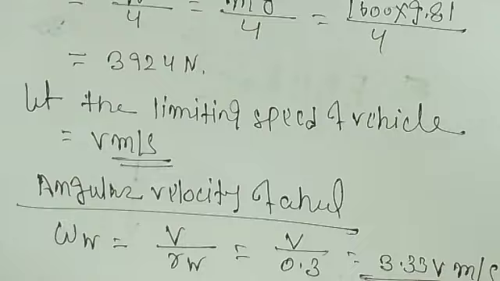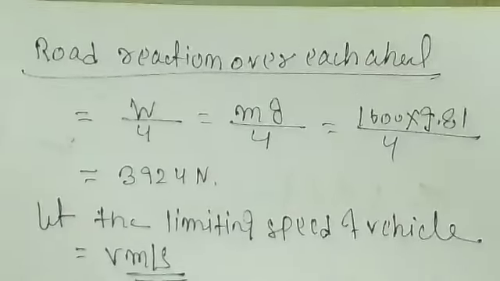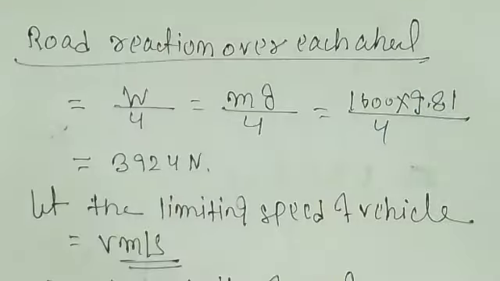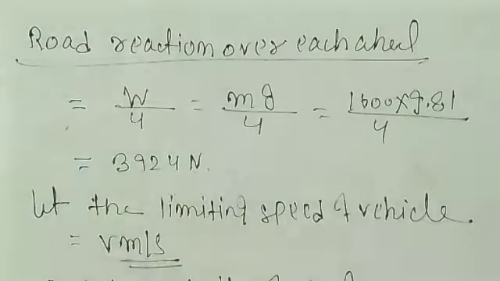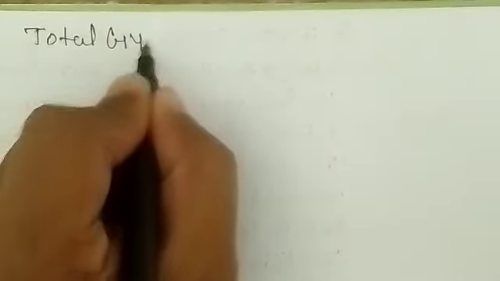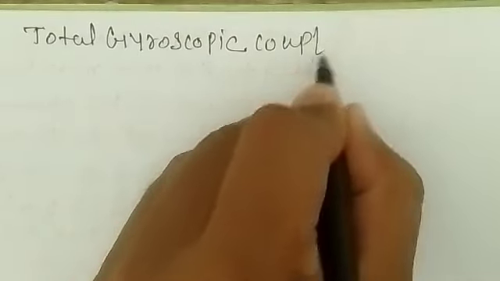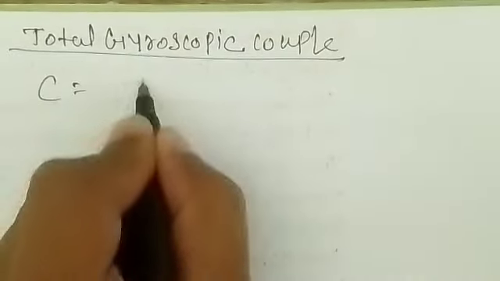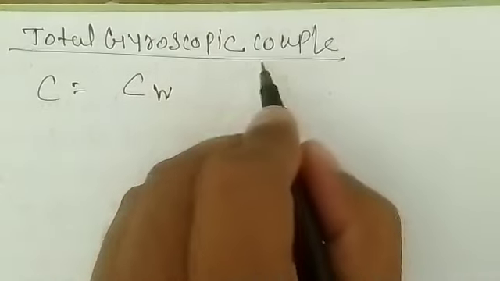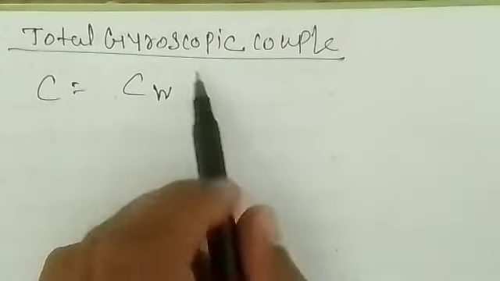Now we need to find out the total gyroscopic couple. Okay. So we will see the net gyroscopic couple or total gyroscopic couple, you can write. So C is equal to CW. Actually it is plus minus, but wheel and engine are rotating in the same sense.